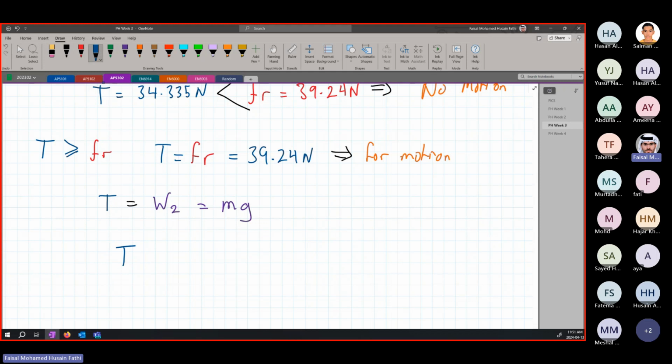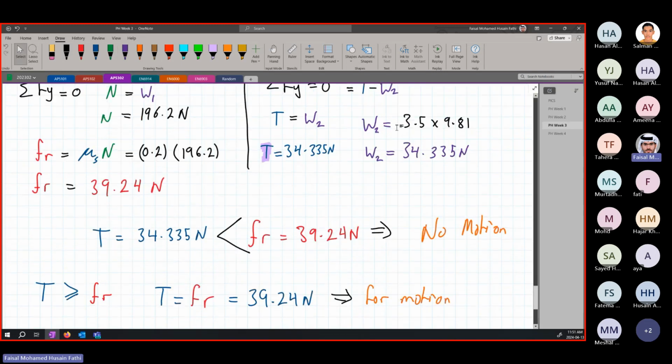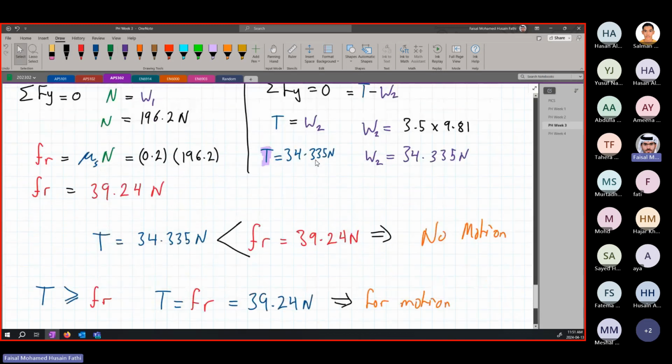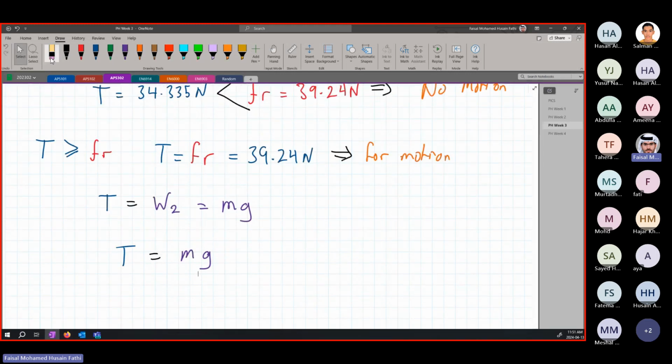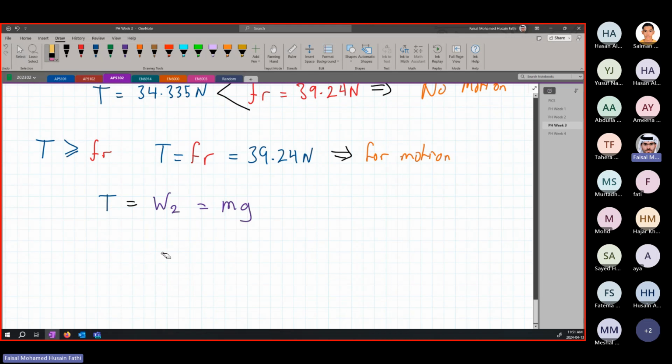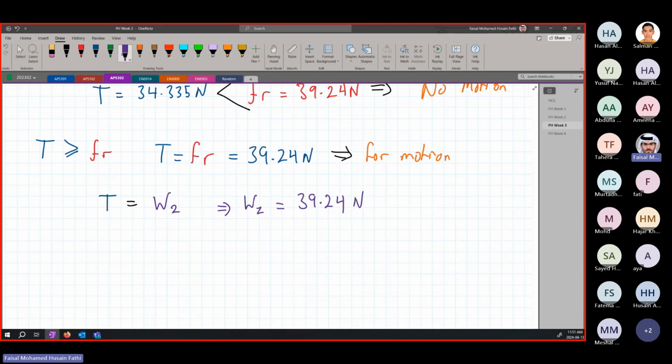So we know that tension is also equal to mg. Our tension force is equal to mg. Again, we're not doing anything new, we're just going backwards. Let's do it in an easier way so you guys will understand. Tension is equal to W2. Tension has to be 39.24, therefore W2 has to be equal to 39.24 newtons.